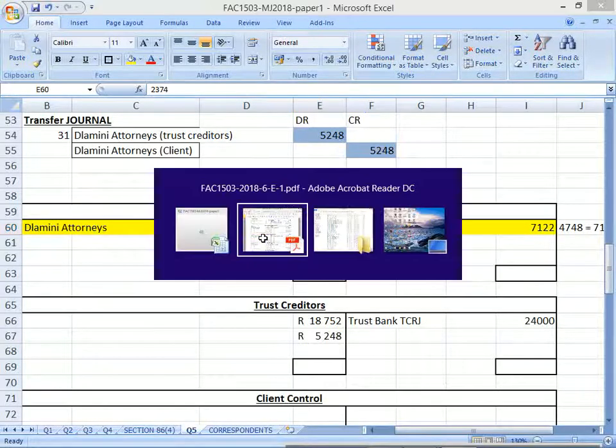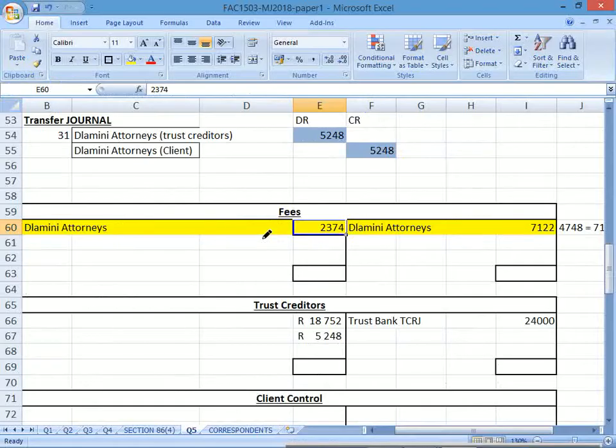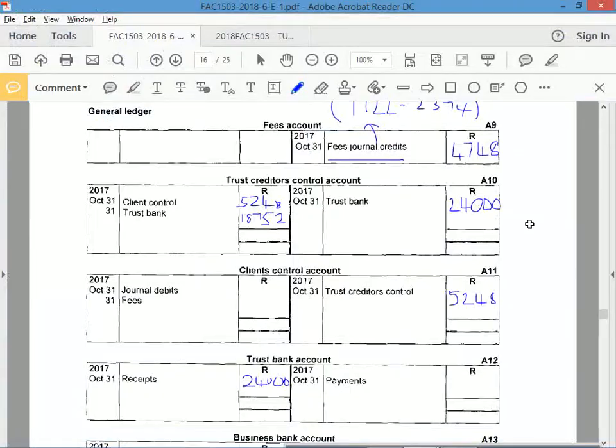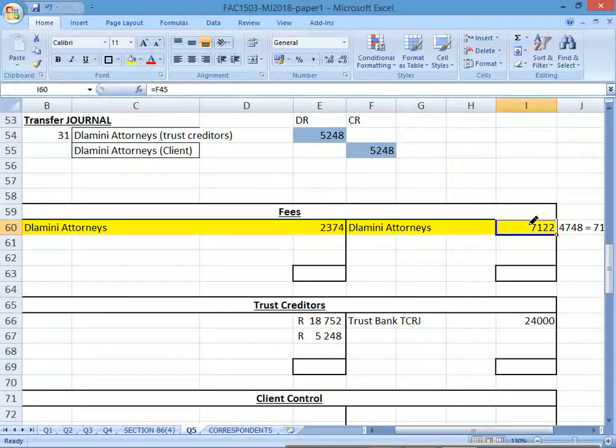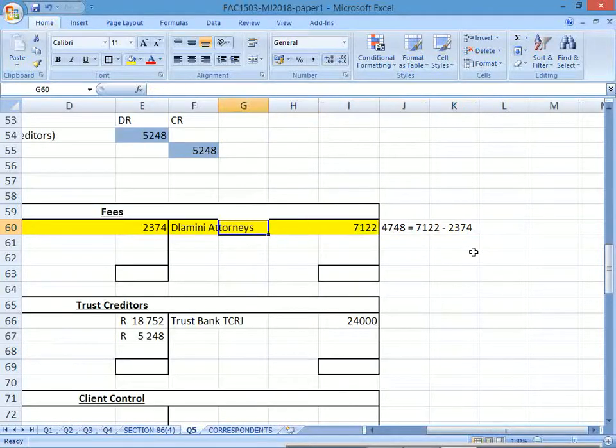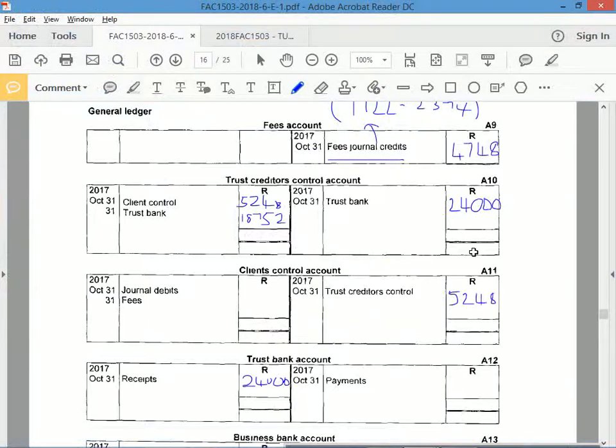Yeah, that was the journal debits for the fees. Because our fees was how much? 7122. So the net amount, 7122 minus 2374, gave us the 4748. We've got the 4748 here. There's the fees account.